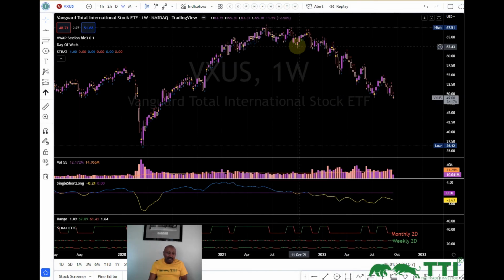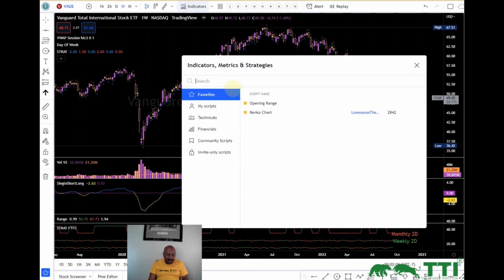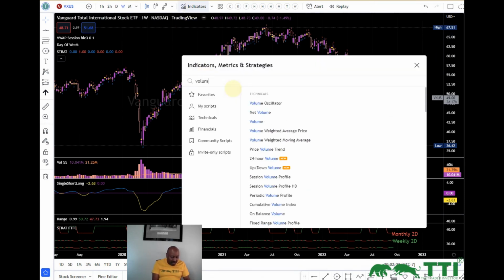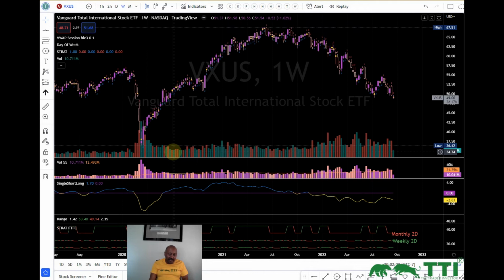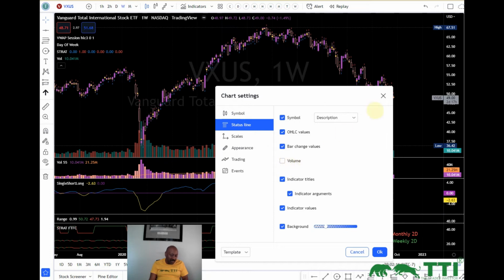But if you go to indicator and just type in volume, that's also an easy way to add volume right there. I think they made some changes. Okay, got it. So the gear icon is just to add volume up here, to the status line. It actually says status line, right? Which makes sense.